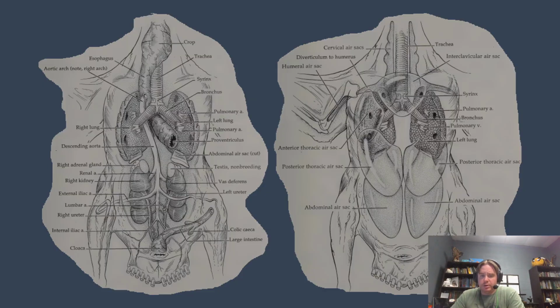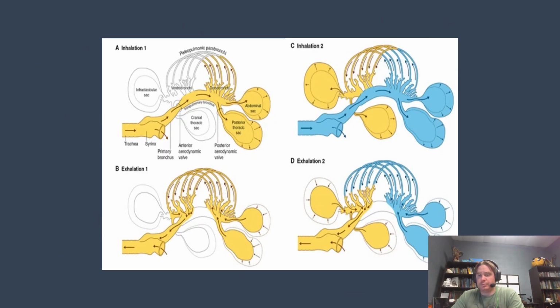So let's take a look at how the air sacs and the lungs work together to produce airflow. First I want you to think about how you breathe. When you breathe in and breathe out, you have what's called tidal flow. You breathe in, a nice oxygen-rich breath.